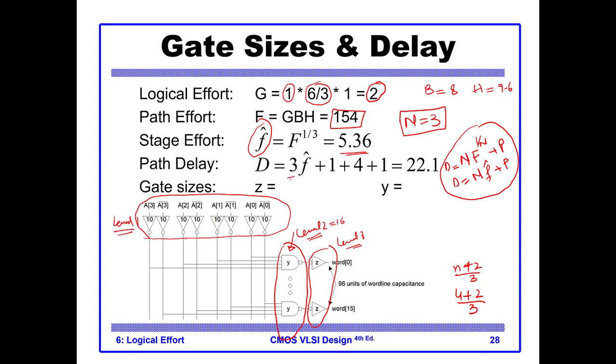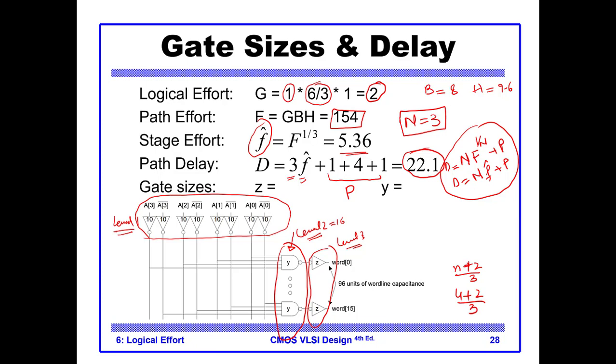So 3 is our N into F, plus the parasitic delays. First one is the parasitic delay of the inverter. Next one is the parasitic delay of the NAND gate. We have 4 inputs, so the parasitic delay for the NAND gate becomes 4 into 1. So 4 plus 1. So overall we get 22.1 as our total path delay.